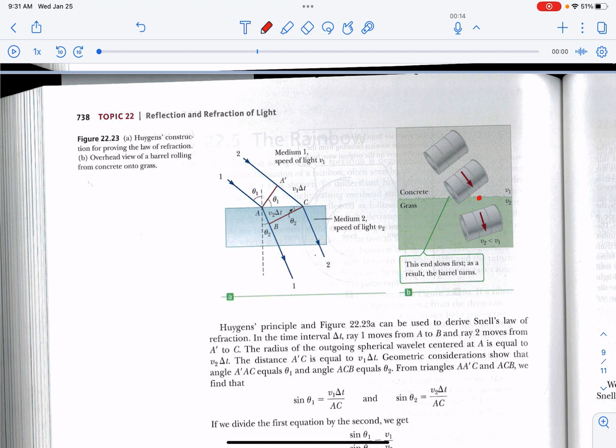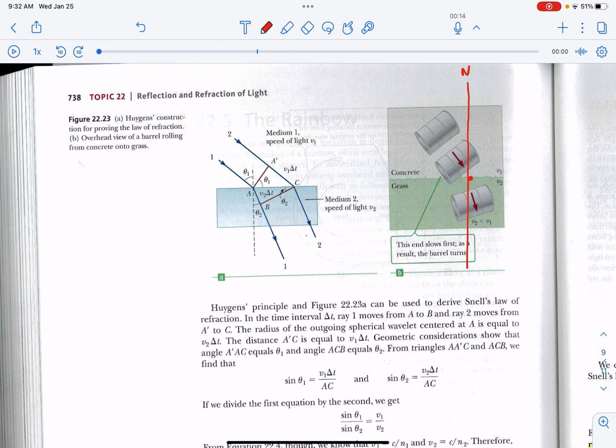towards grass. Now imagine that we draw a normal line. There's my normal line. And imagine that this barrel strikes the grass. Notice that this part of the barrel hits the grass before this part of the barrel.